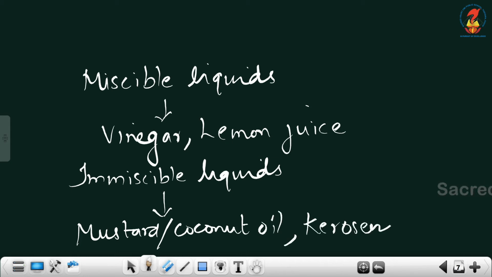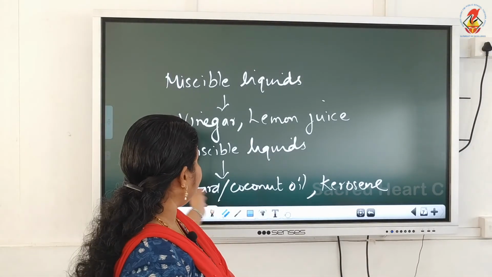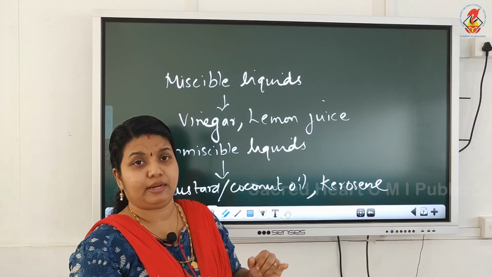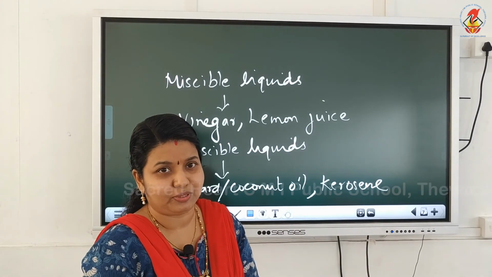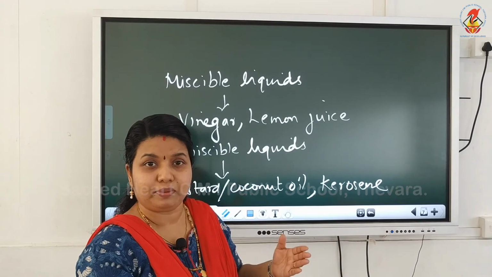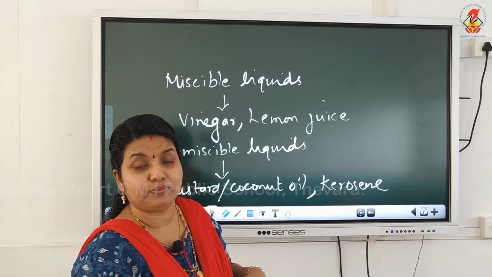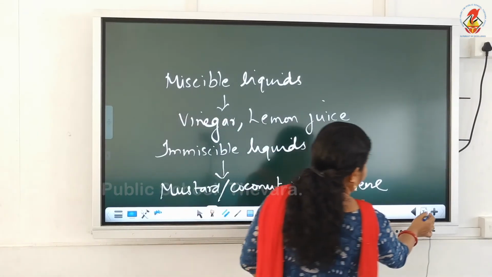So these liquids do not mix with water or they are insoluble in water. We call them immiscible liquids. Mustard oil, coconut oil, kerosene are examples. Hope you understood. So these are liquids that mix with water and liquids which do not mix with water.